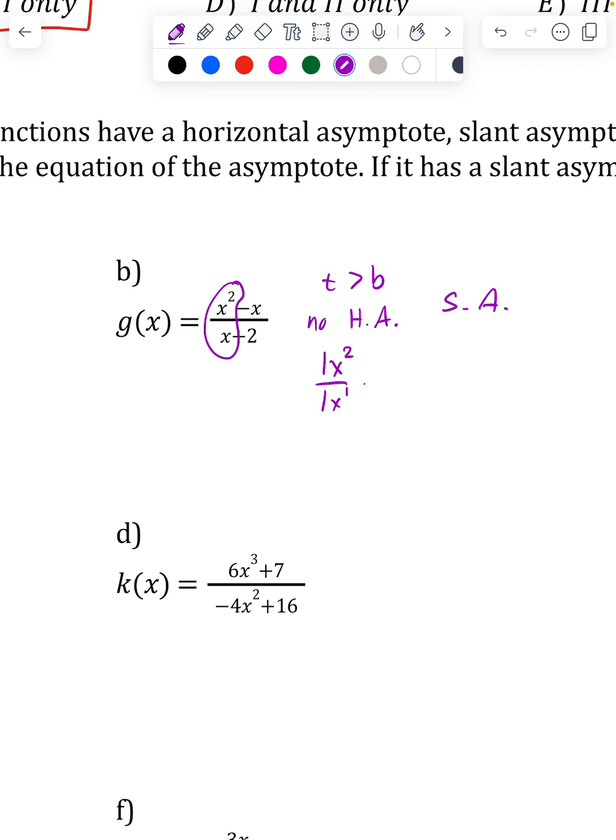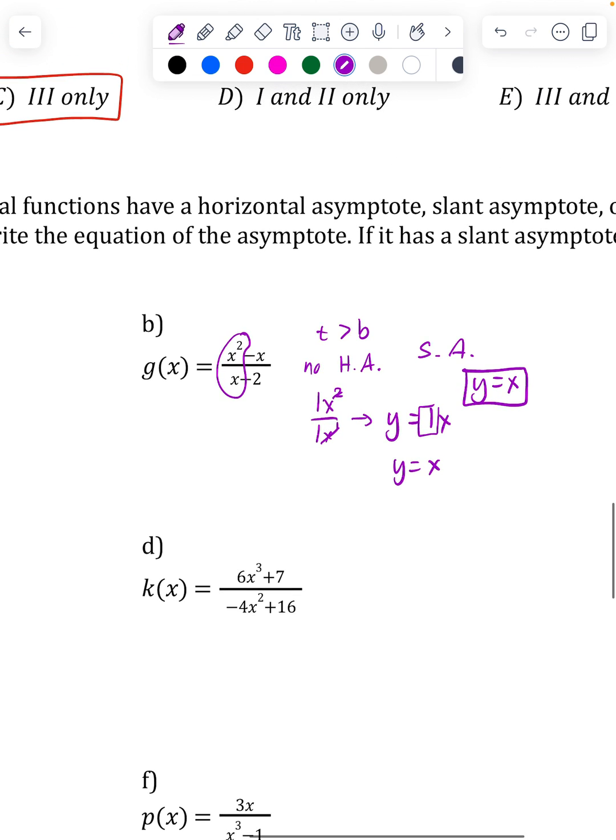And if you reduce this by canceling this out in one of these, you end up with y equals 1 over 1x, or just y equals x, keeping in mind that that has a slope of 1. And so the slant asymptote will be parallel to y equals 1x. And that's the equation that they're looking for you to write.